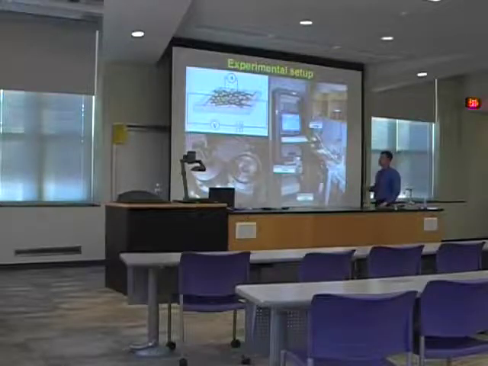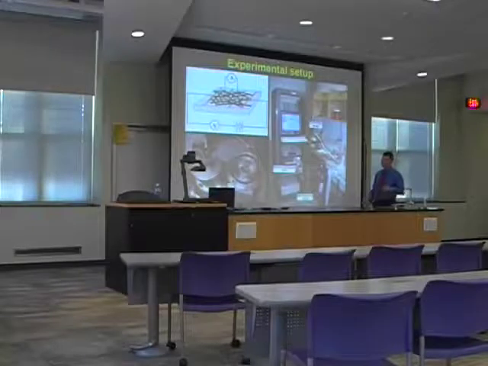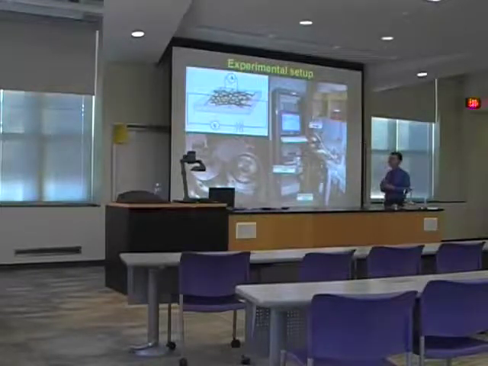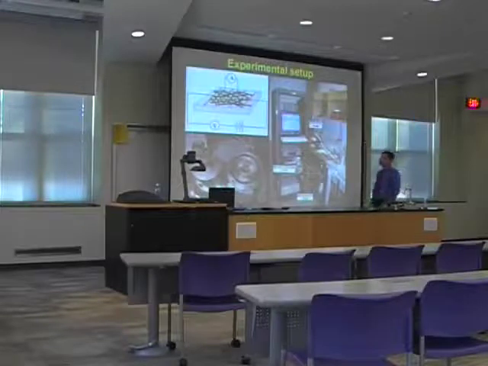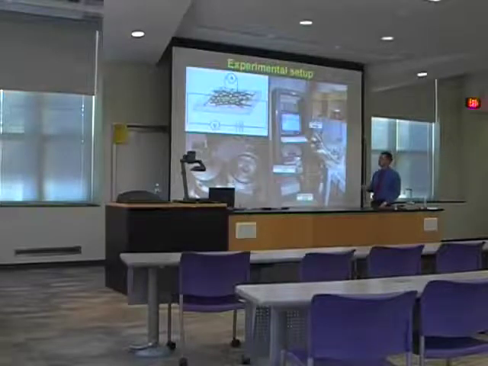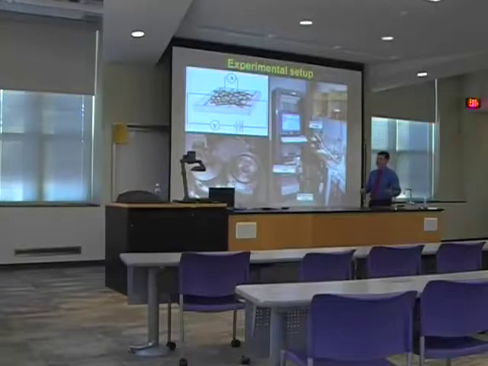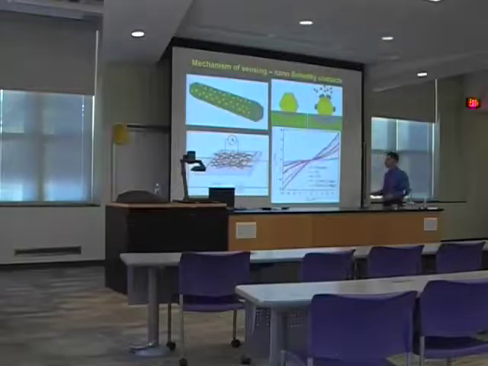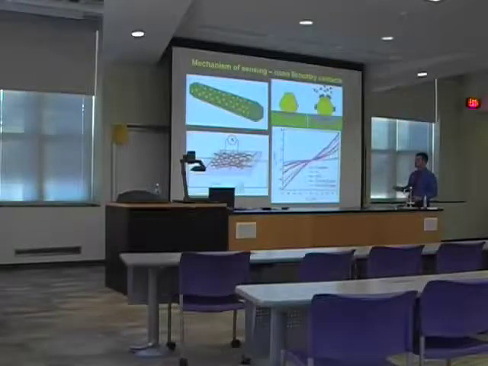And I usually use 4-terminal measurements to avoid issues with contacts, to make sure that we measure properties of nanowires, not properties of contacts between the leads and nanowires. So this is pretty straightforward design. And now I'm going to speak about mechanism of sensing. So this plot represents experimental results.